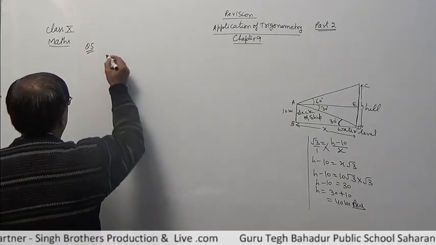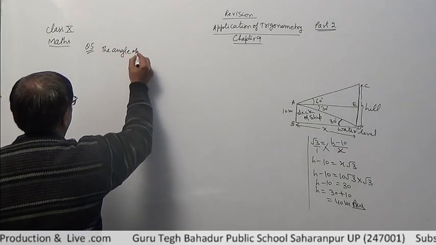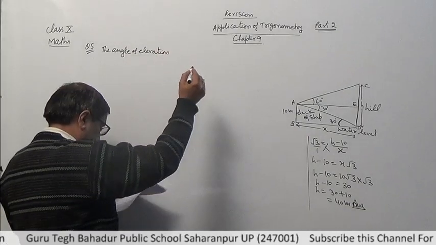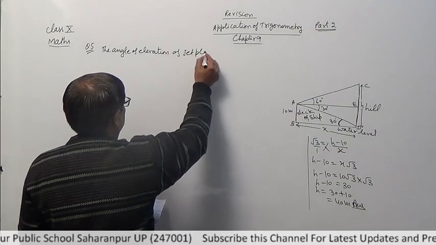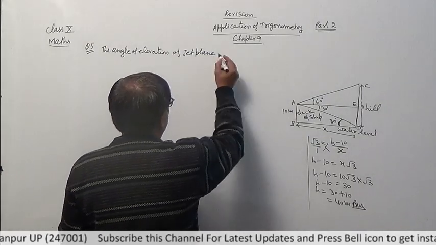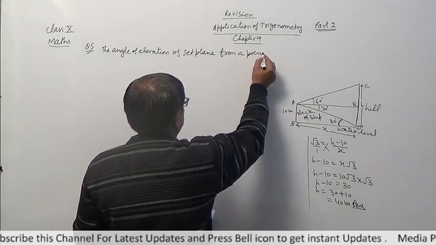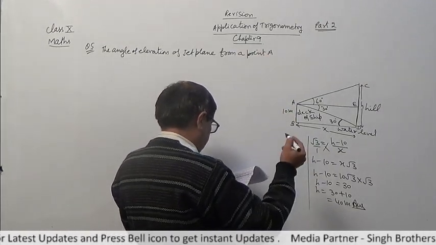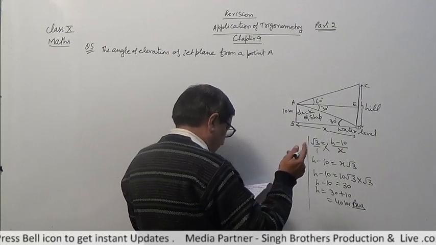The angle of elevation of a jet plane from a point A on the ground is 60 degree.